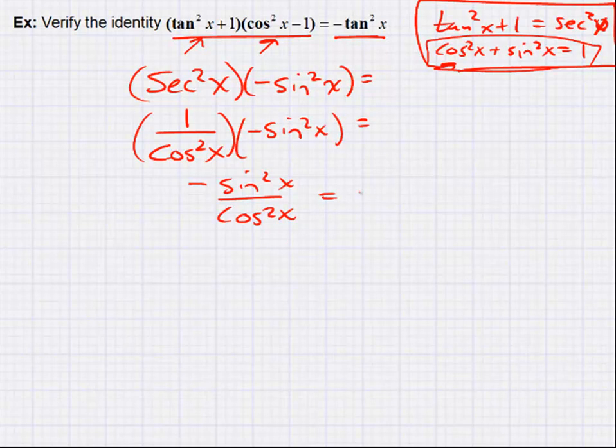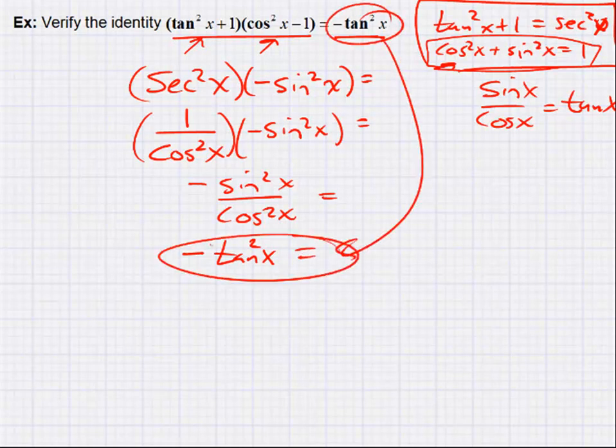Well, sine over cosine is tangent, so another identity I'm using is that sine x over cosine x equals tangent x. Well, I have the negative. Sine squared over cosine squared should get me tangent squared x, which is exactly where I wanted to go. So one side equals the other side. So these three identities are the three identities I worked with, and these three identities allowed me to verify this particular identity.